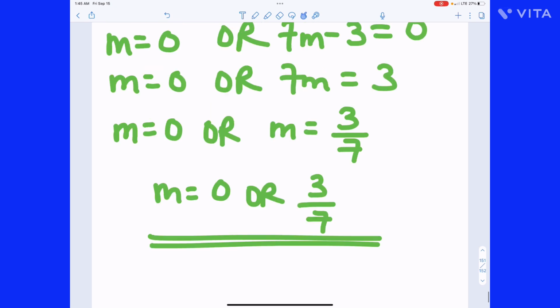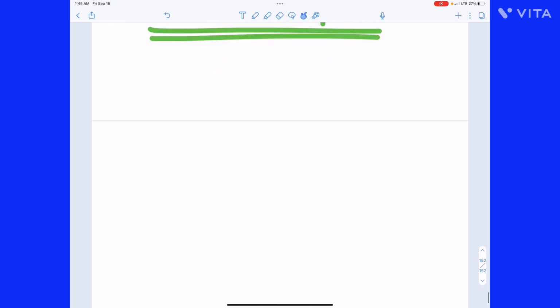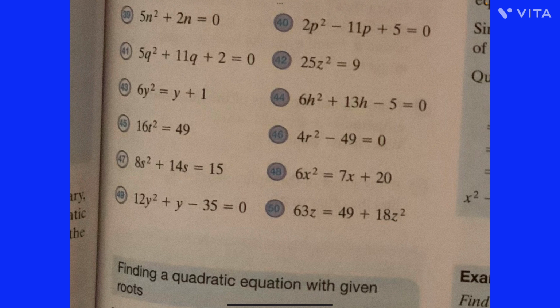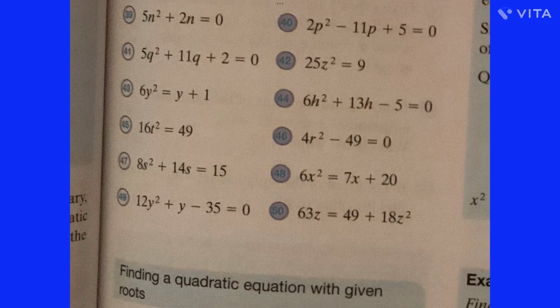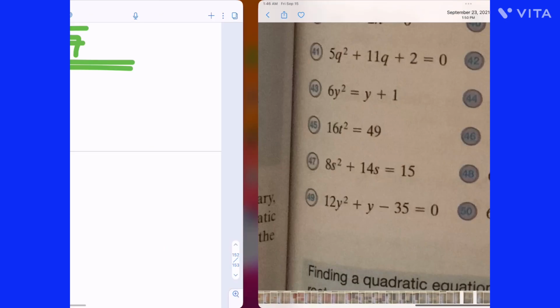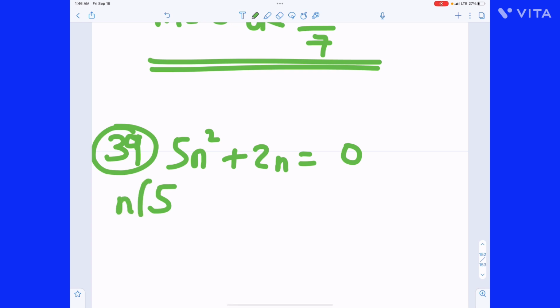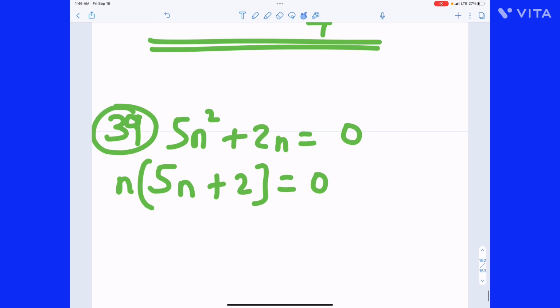So that's 38. Let's go to question 39. We are moving forward. In question 39, 5n squared plus 2n is equal to 0. So n is the common factor. n times 5n plus 2 is 0.